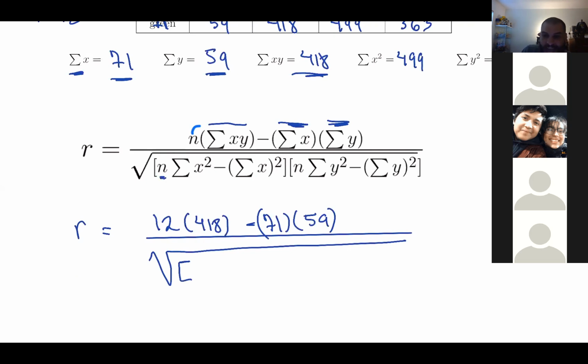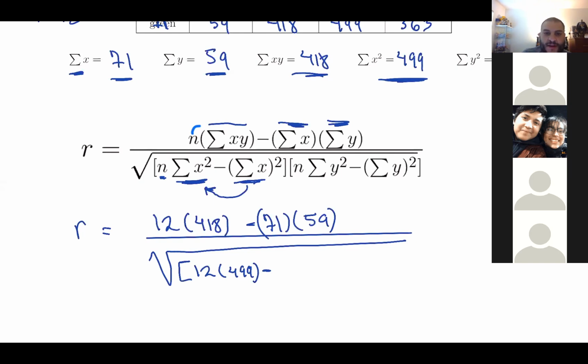If you look right here, it's n. N in this case was 12, so you put 12 again. If you look at this one, it's summation of x squared, which is this one with 499. And you subtract it. So one thing I do want you to notice, look at this one and look at this one. They are different from each other.